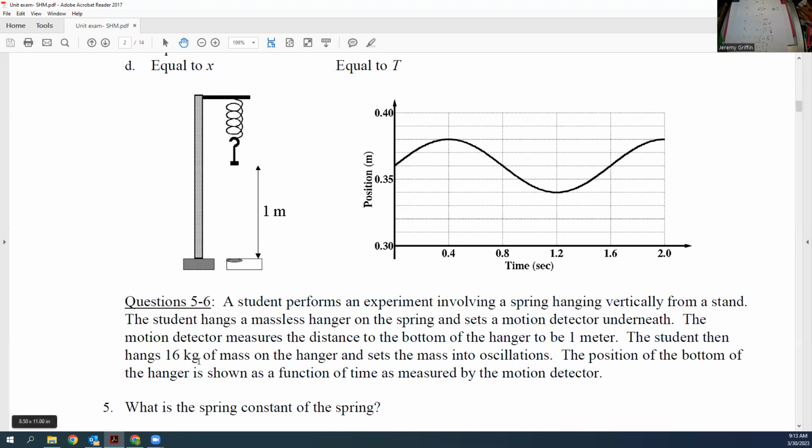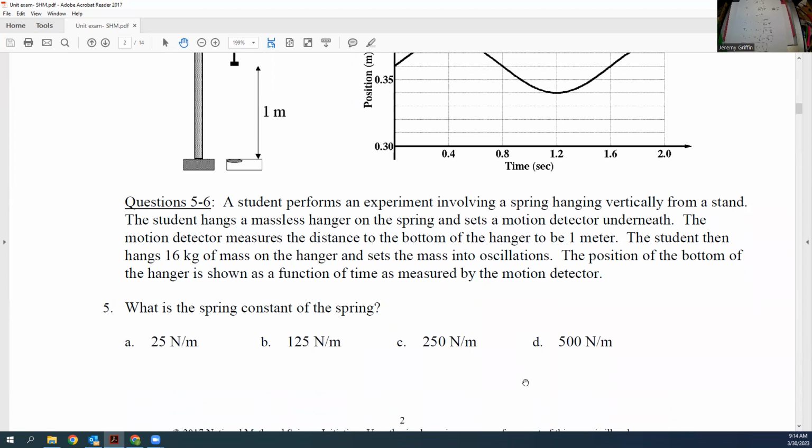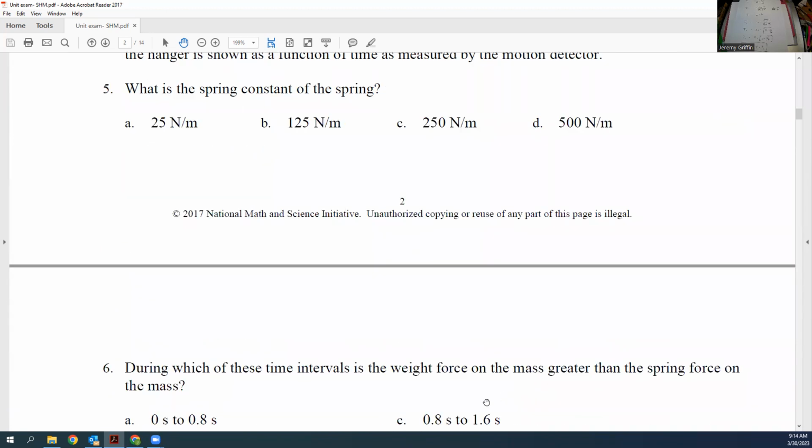The student then hangs 16 kilograms and sets it into oscillation. The position of the bottom of the hanger is shown as a function of time by the motion detector. Question 5, what is the spring constant? And question 6, during which of these time intervals is the weight force on the mass greater than the spring force on the mass?